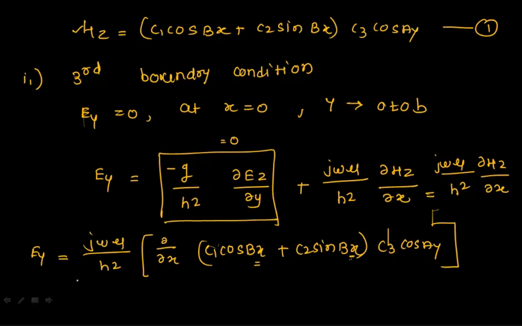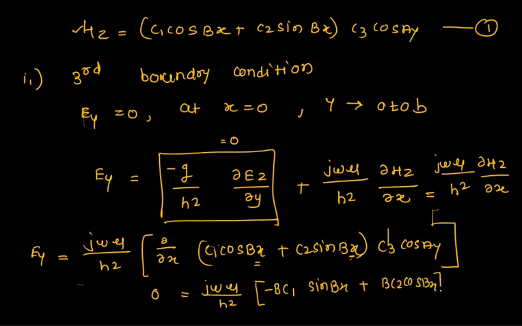So finally I got Ey is equal to, which is nothing but the 0 j omega mu by h square. ये term आपका C1 ठीक है, sorry, if you take the differentiation of this one, I need to take a minus b C1 sin of bx plus bc2 cos of bx into c3 cos of ay. ठीक है, सो अगर यहाँ पे 0 पुट करते हो तो ये 0 हो जाएगा और ये आपका bc2 आएगा.